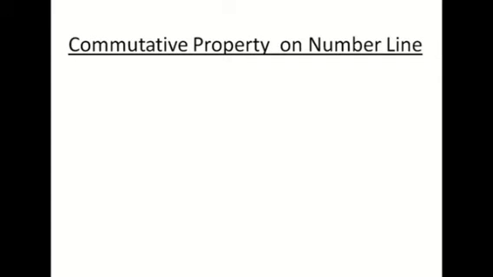Now, I want to explain commutative property on the number line. In your previous class, I explained commutative property for addition. Right now, in this class, I have explained commutative property for multiplication. So, can you remember what we explained for addition? I hope you all know, so I am just reminding you.